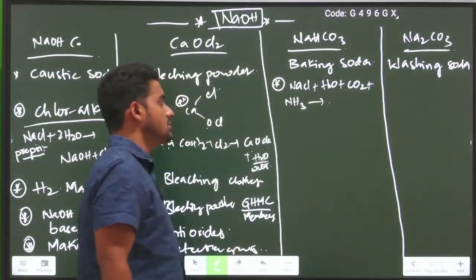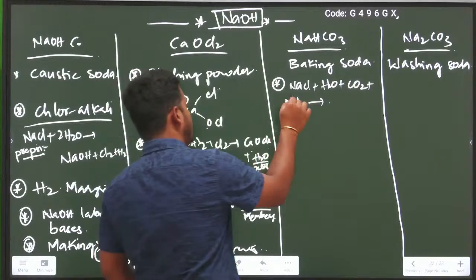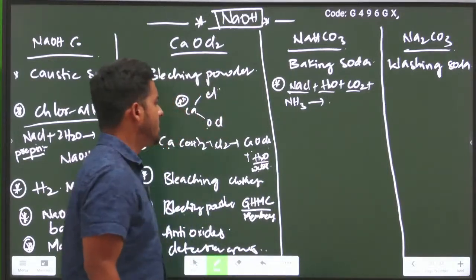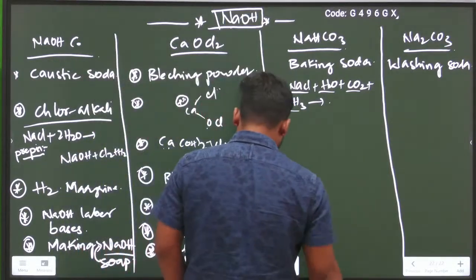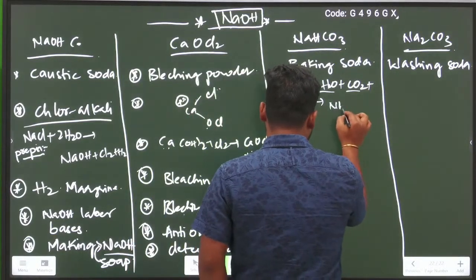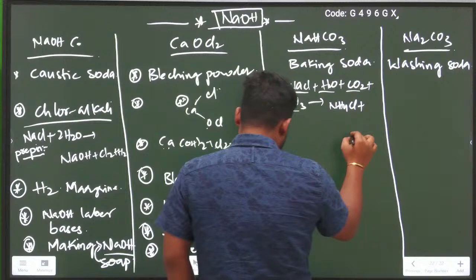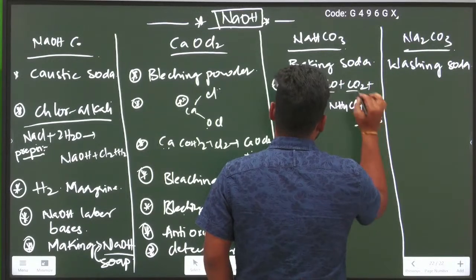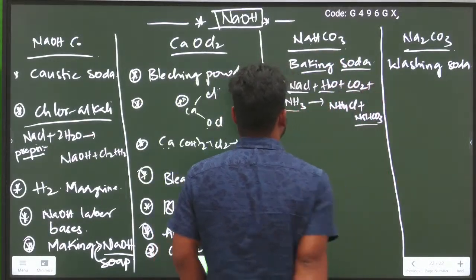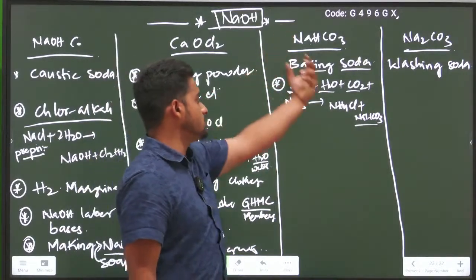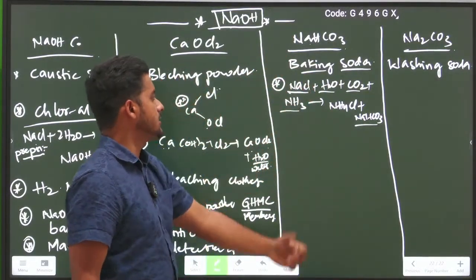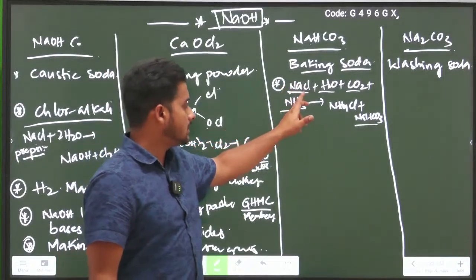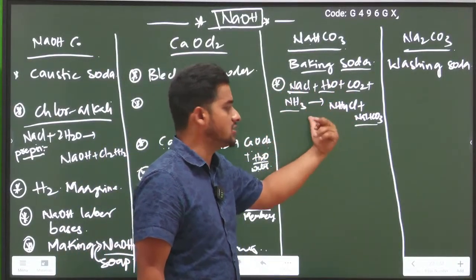So understanding this reaction, it is a reaction of NaCl salt and water and some CO2 gas, and with that take some NH3, then what you are going to get is NH4Cl plus NaHCO3. Understood? This is nothing but baking soda. Okay. To produce this baking soda we are using NaCl, H2O, CO2 and NH3. We are using common salt with water with gas with ammonia.